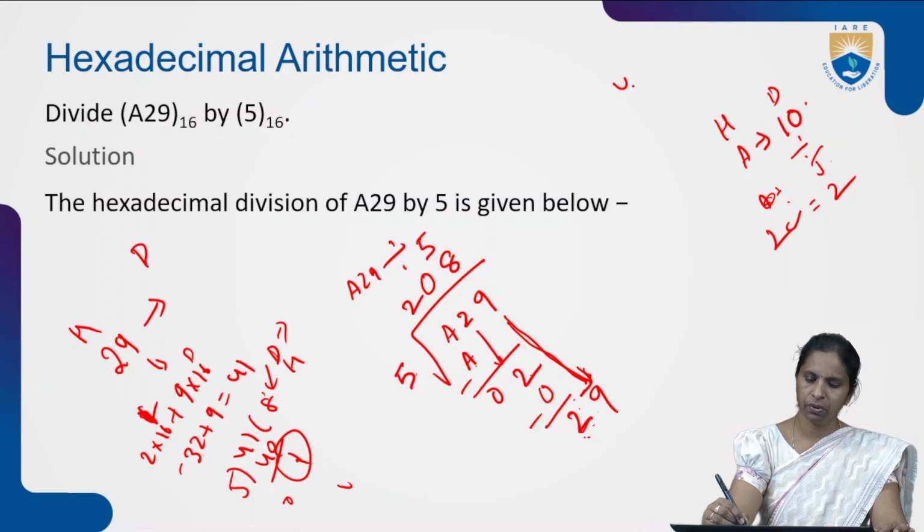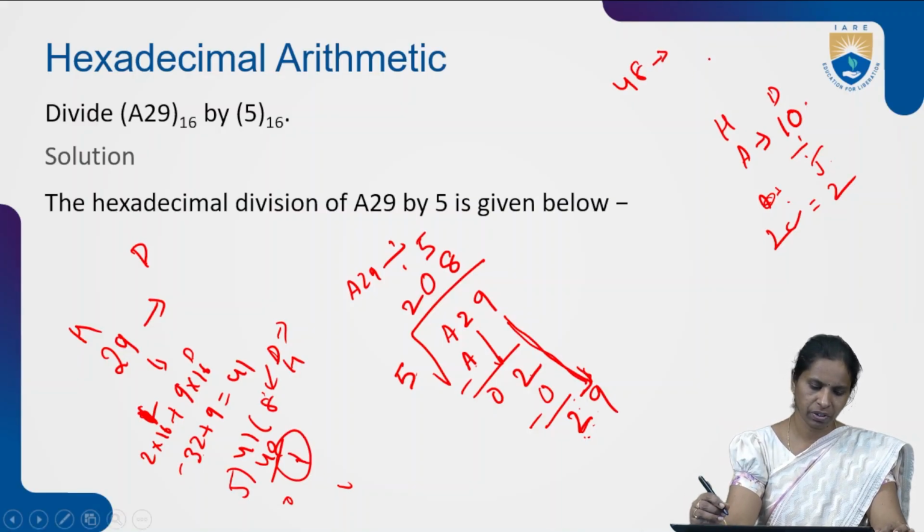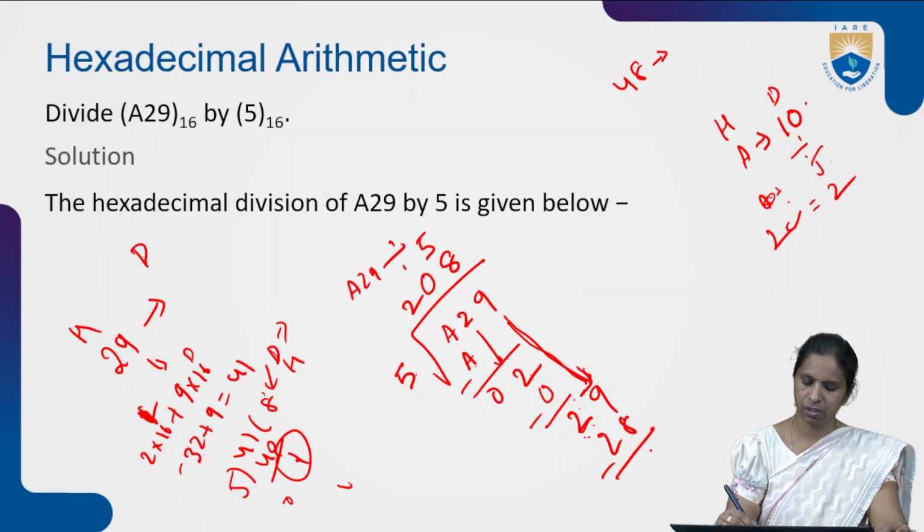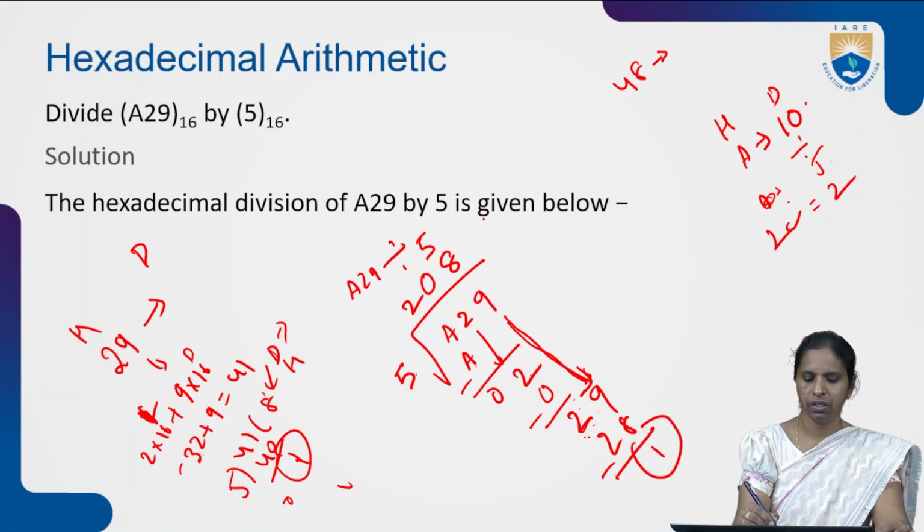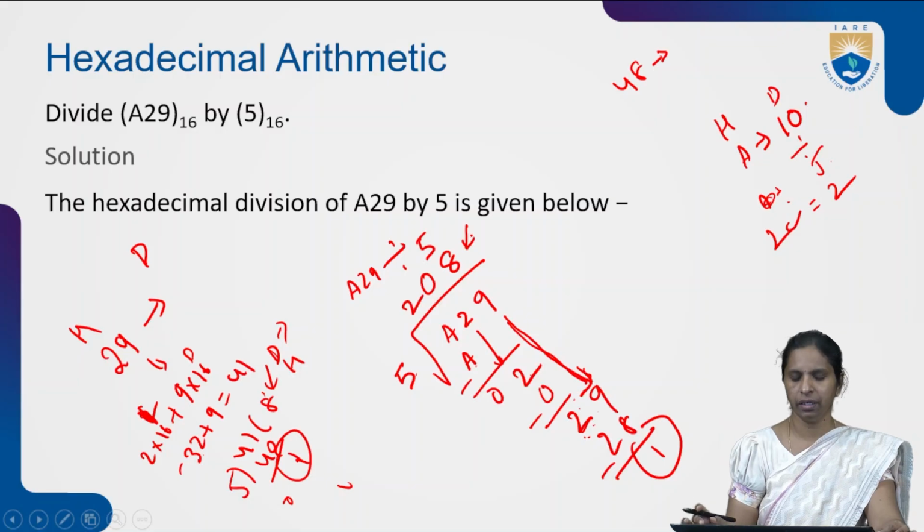Therefore, the quotient here is 208 and the remainder is 1.